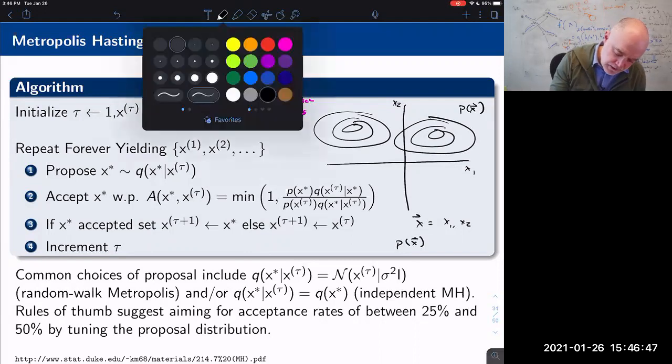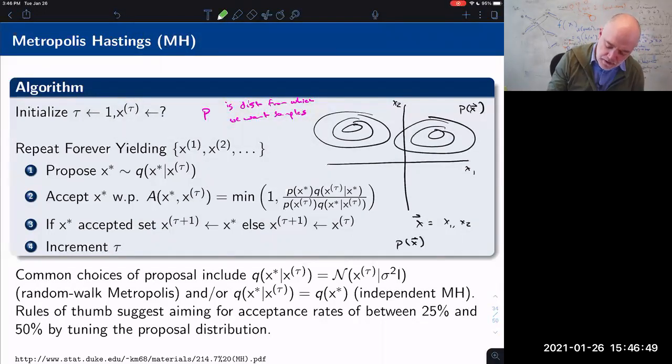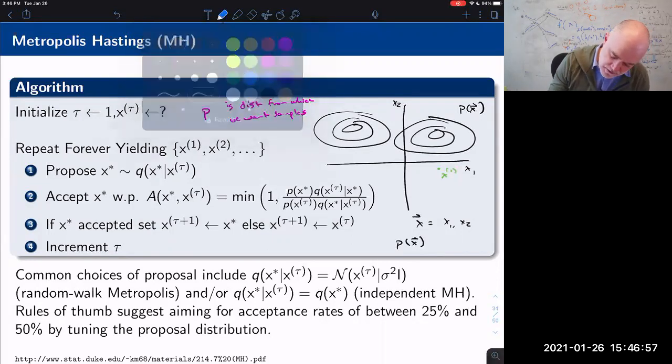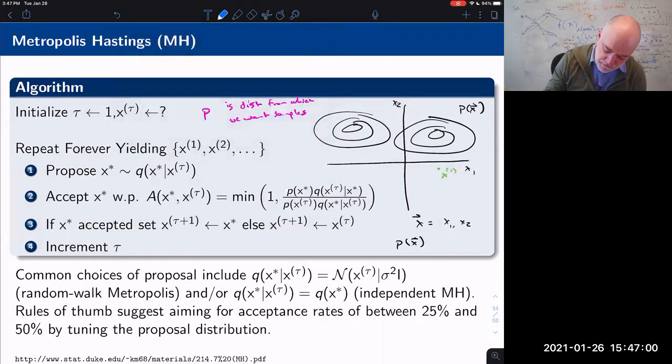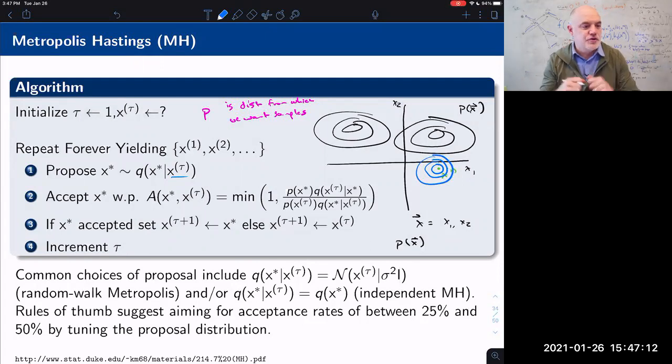Okay. We pick X1 here, something like that. Okay. And then from the position of X1, we make some proposal. We draw some jitter to X1 from some proposal distribution.